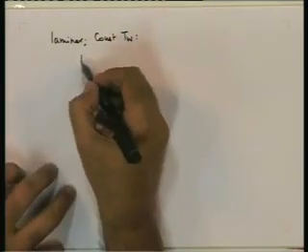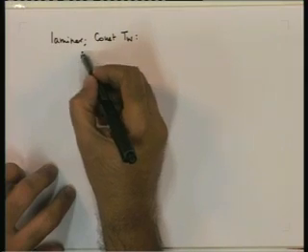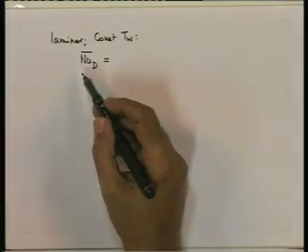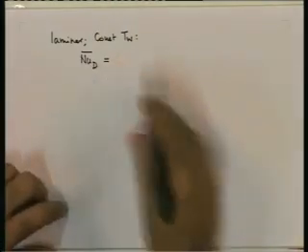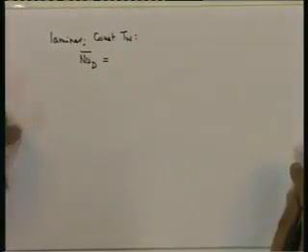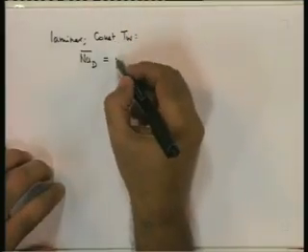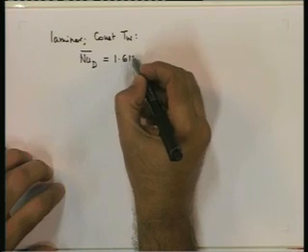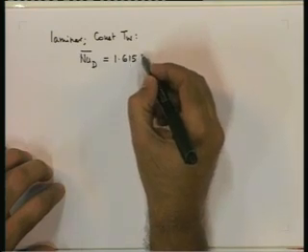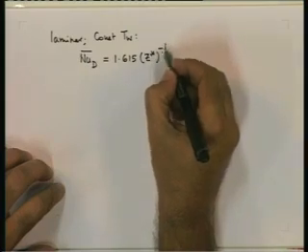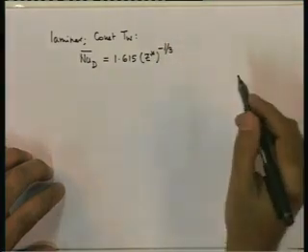We have this correlation. This is the average Nusselt number over the length L, which is represented by Z star, is 1.615 Z star raised to minus 1/3.